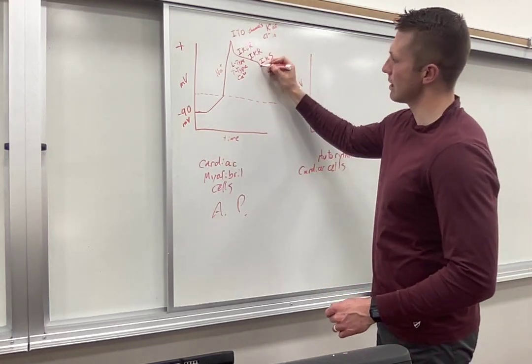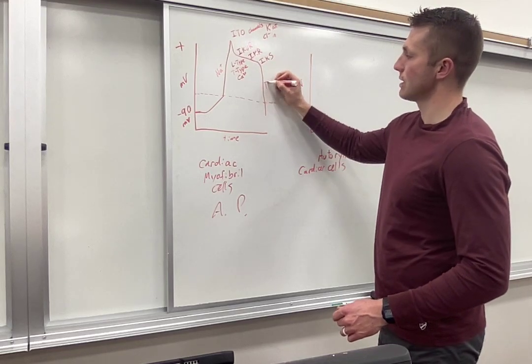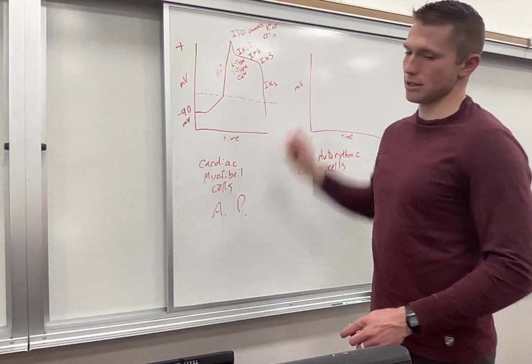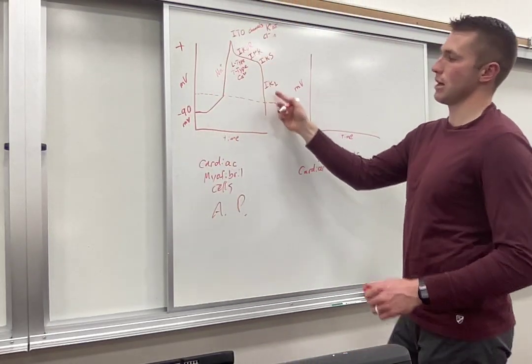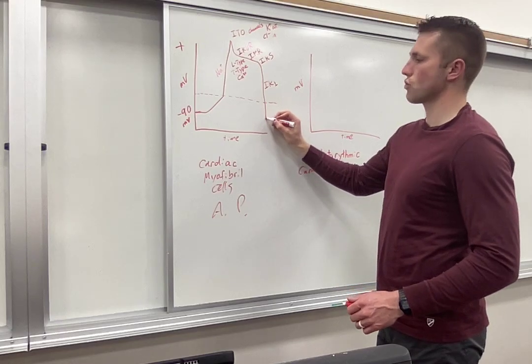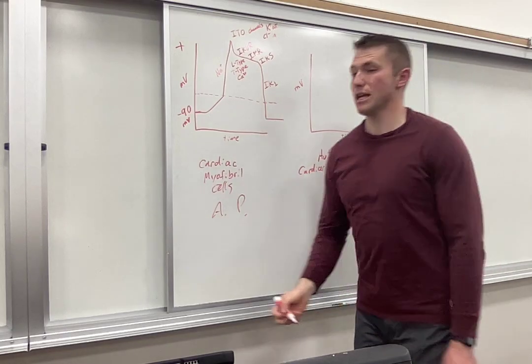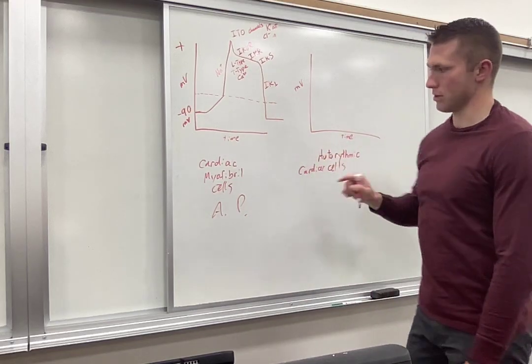So right here, we see it go bam. And here we've got IK1 channels that are open, and these are finally open now. So it just goes straight down to negative 90. It doesn't hyperpolarize at all. It just goes down to negative 90, bam, right there.